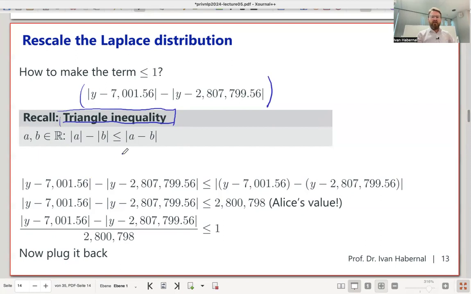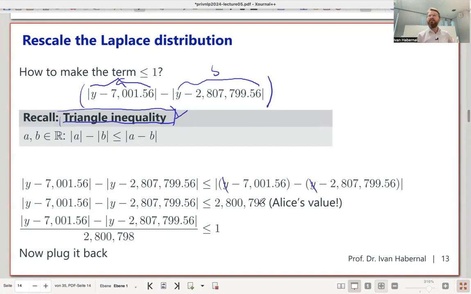So this is going to be A, and this is going to be B, right? So this is how I'm going to use the inequality. So this should be smaller than the absolute value of the difference. Now I'm getting rid of y here. I do the subtraction, and this holds.